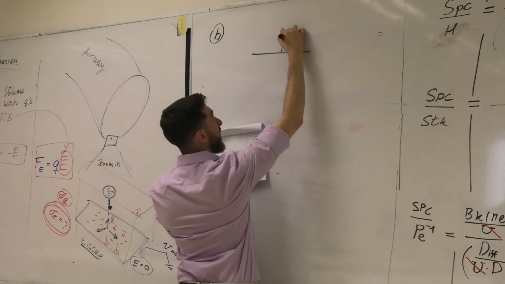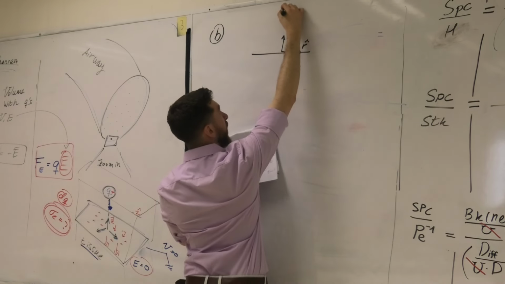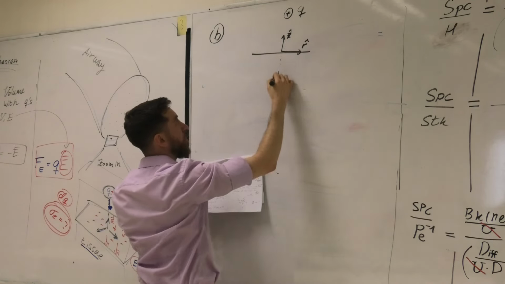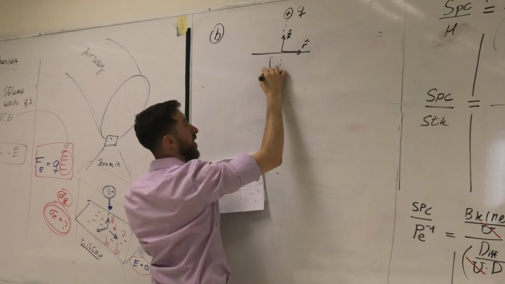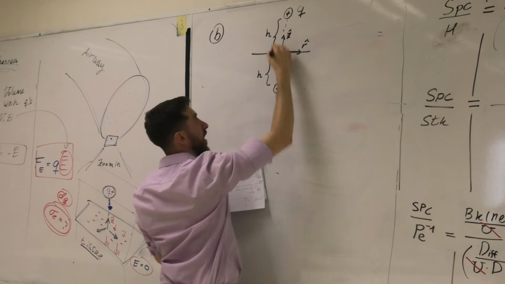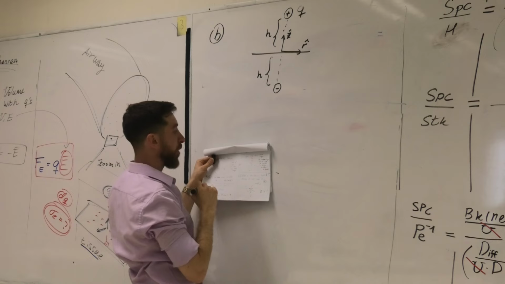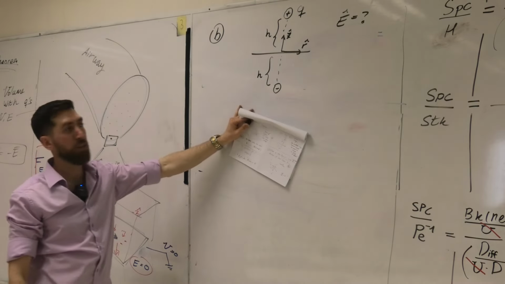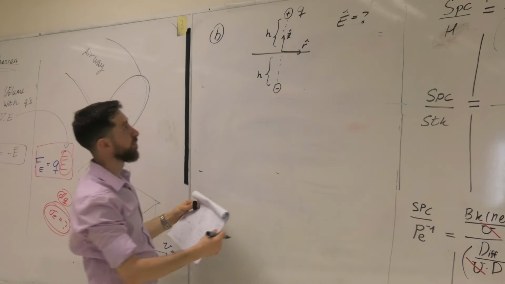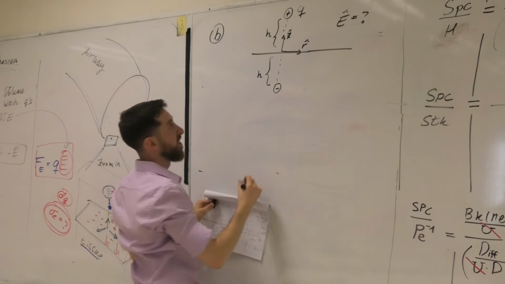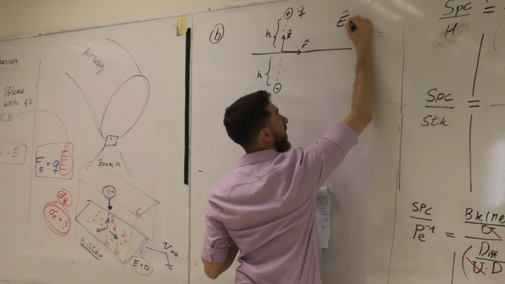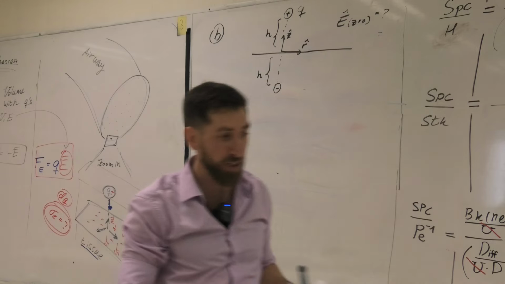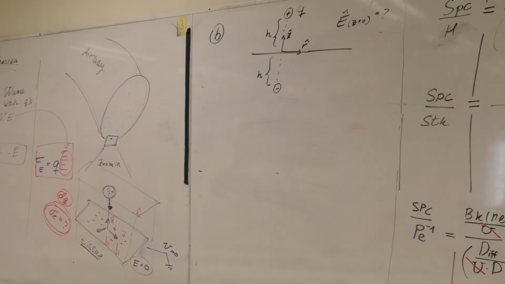So we have the z direction, the radial direction. We have here, let's say positive, it doesn't matter, Q. And below, at the same distance H, we have a negative charge. My question to you is, what is the direction of the electric field at z equals 0? How can I do it? I can use the superposition principle, right?